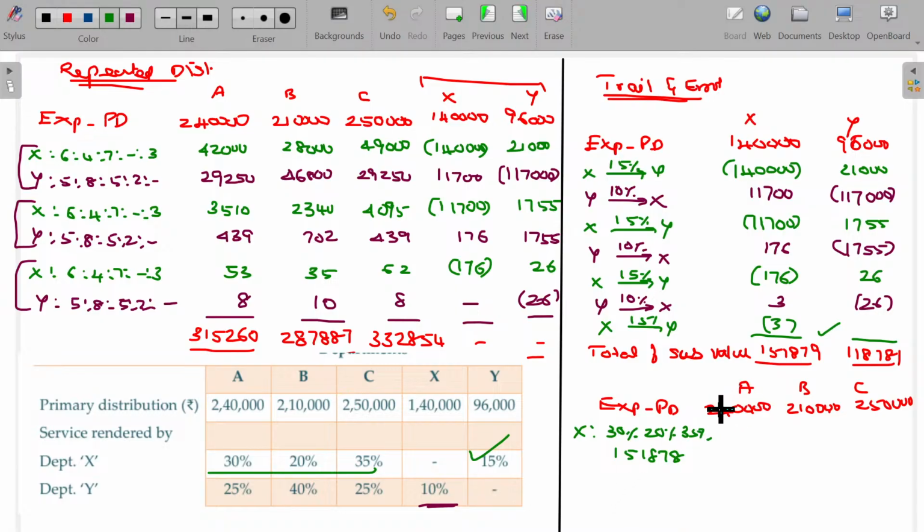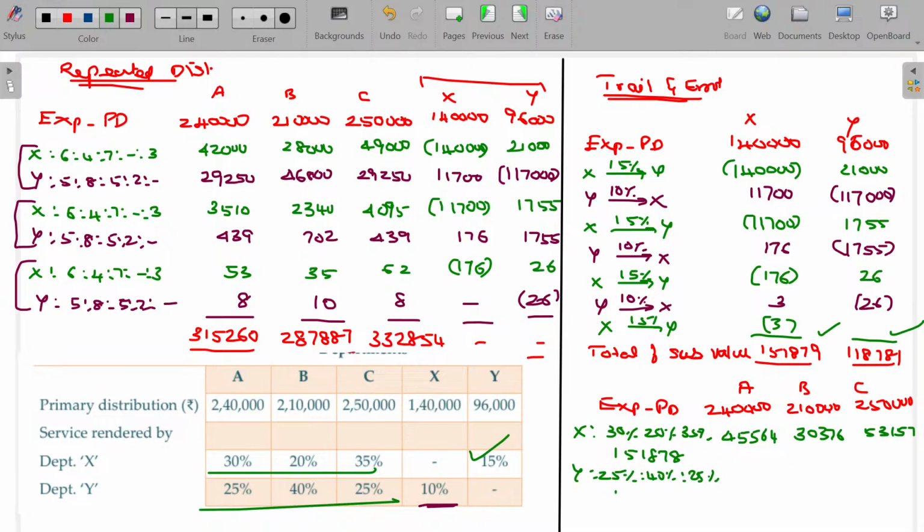And this value being 45,564, 30,376, 53,157. In case of Y, it should be in the ratio of 25%, 40%, 25% of what?